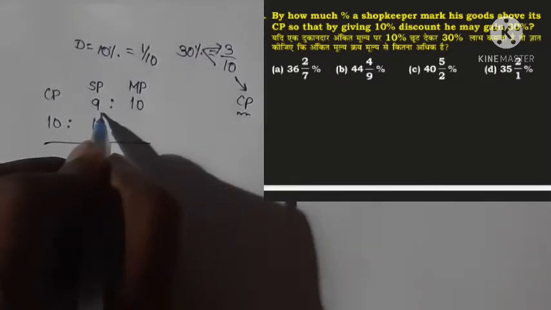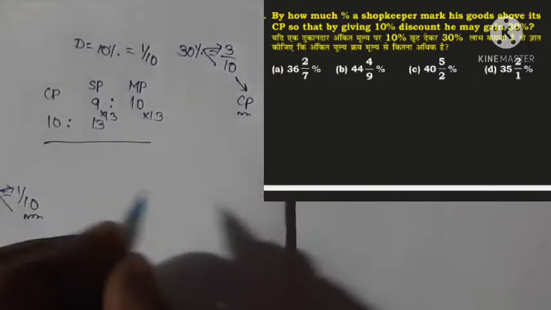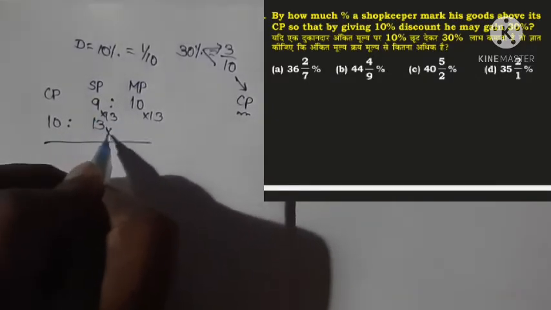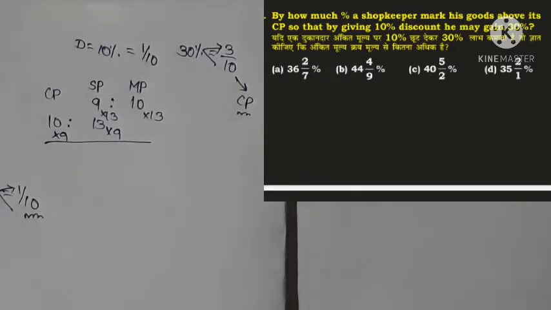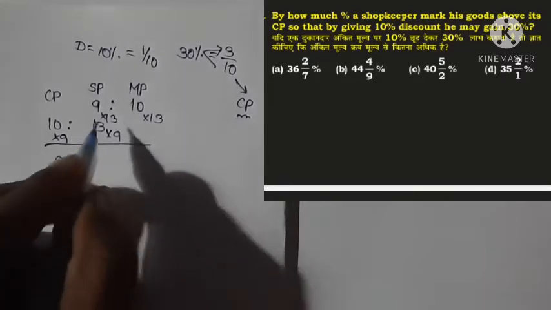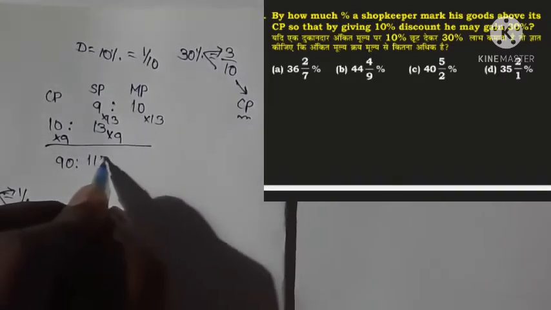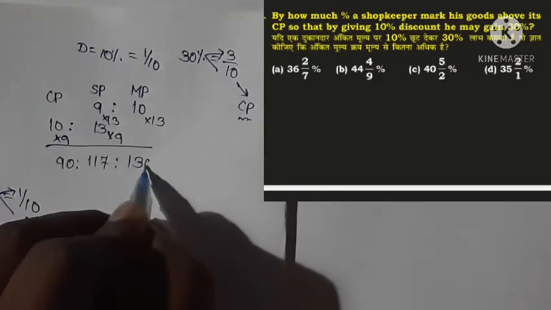So multiply this by 13 and multiply this by 9. Here the cost price is 90, the selling price is 117, and the mark price is 130.